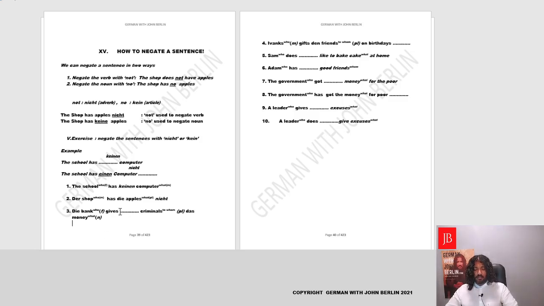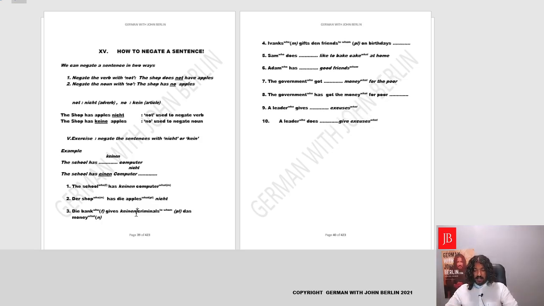When I say to no criminals, I'm negating the noun. That means I need an article, and the question is to whom. To whom is dative, and criminals is plural. So them, they are, them, den. I know the ending, it's den. What is the article we are looking for? It's kein, so it'll be keinen. Again, I'll write keinen.